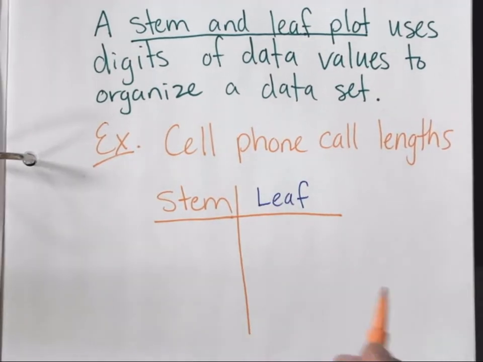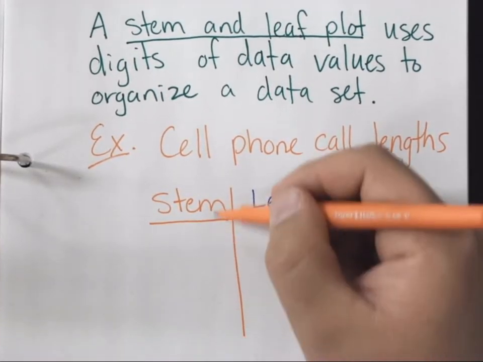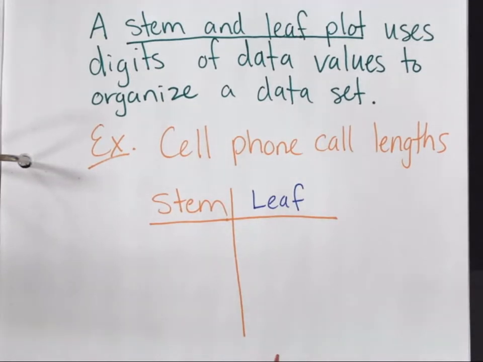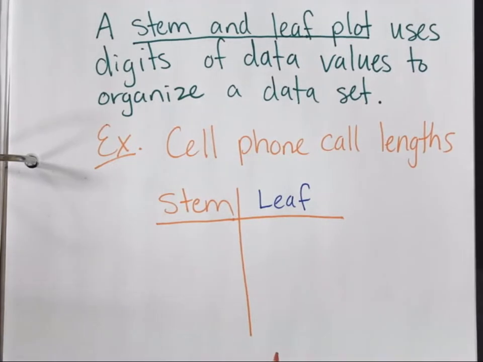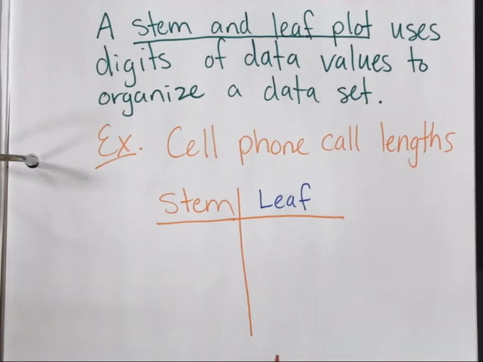Okay, so the key with a stem and leaf plot is over here on the left side, the stem is going to be in order vertically, and the stem values are less than 10.